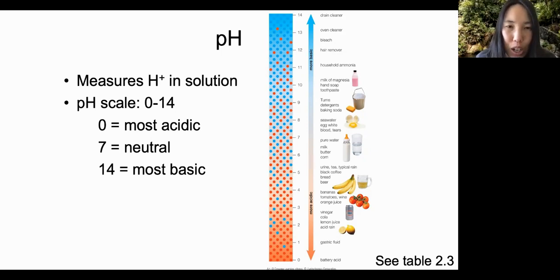In the opposite direction, as you move from 7 to 0, you get more acidic. So for example, we get down to urine and tea and coffee at around 5, orange juice at around 3, gastric fluid, which is in your stomach, at around 1, down to battery acid. So the closer you get to 0, the more acidic you are.